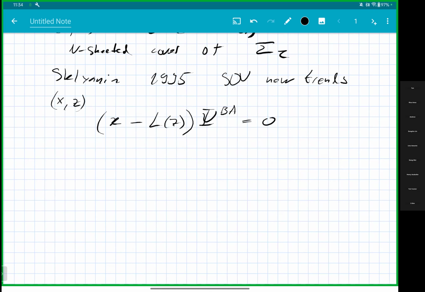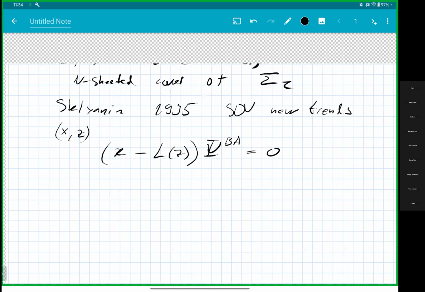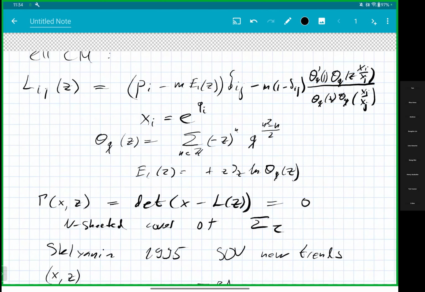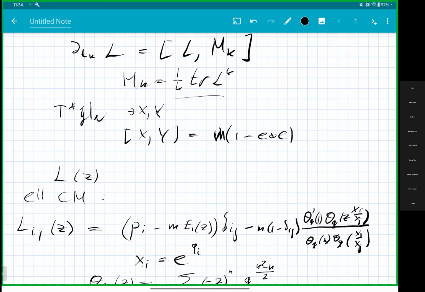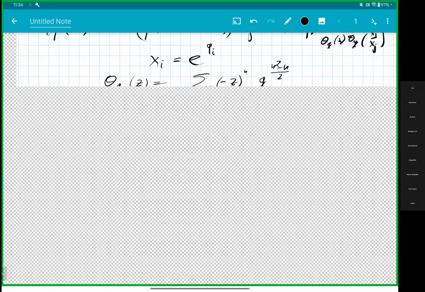It appears from the fact that the symplectic reduction, which we're starting from, here T star GLN, for elliptic Calogero-Moser becomes some sort of cotangent bundle to the space of holomorphic bundles on the Riemann curve, and then we need to symplectically reduce it, and that's where parameter z originates.